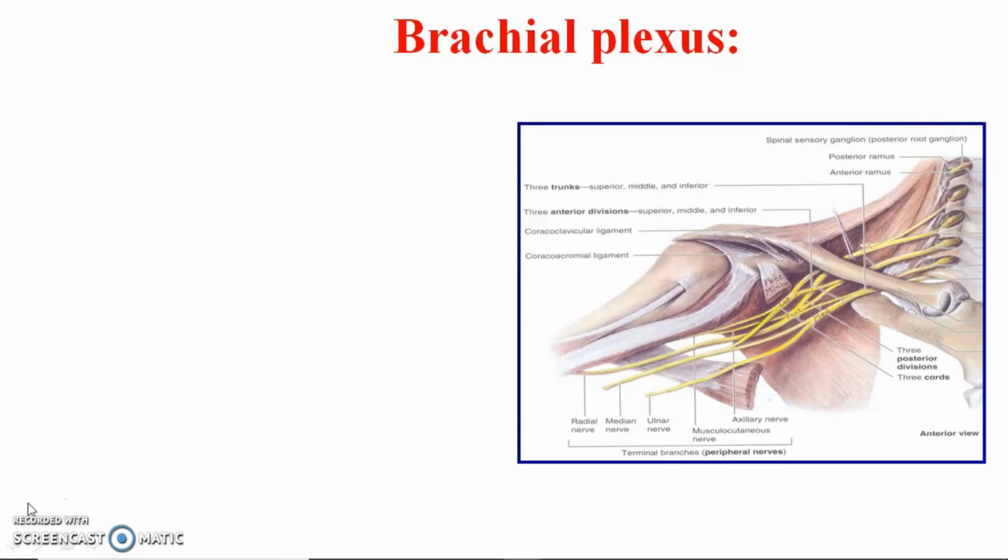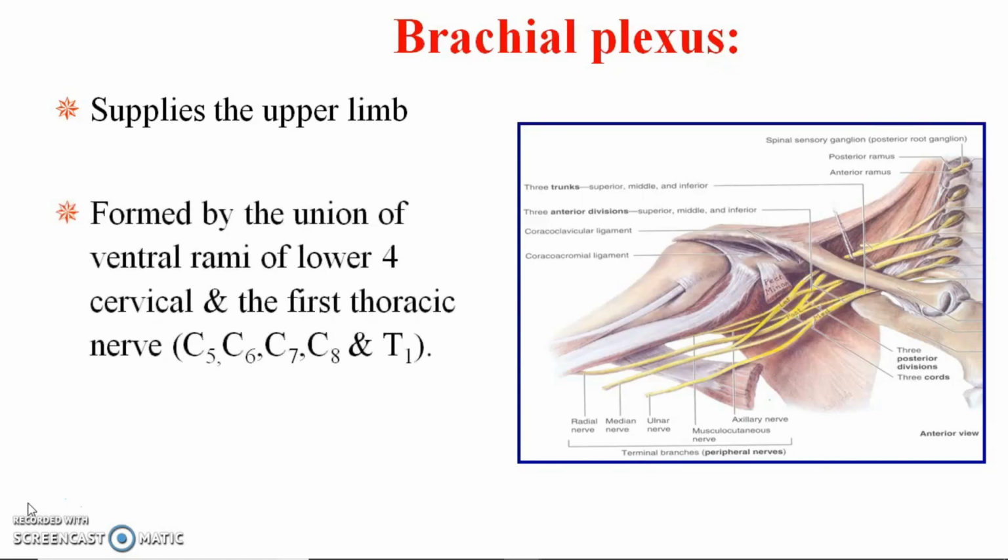This brachial plexus is formed by some cervical roots and one thoracic root. It is the main nerve which is going to supply the upper limb, and it is formed by the union of the ventral rami of the lower four cervical and also the first thoracic nerve.